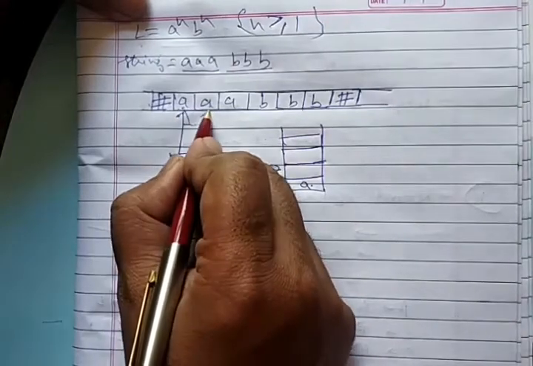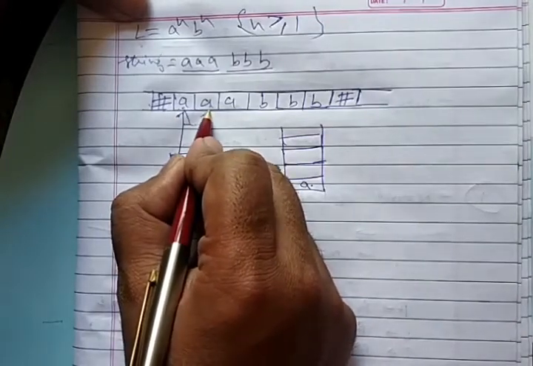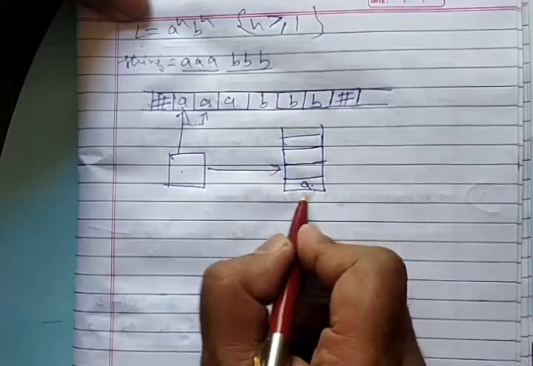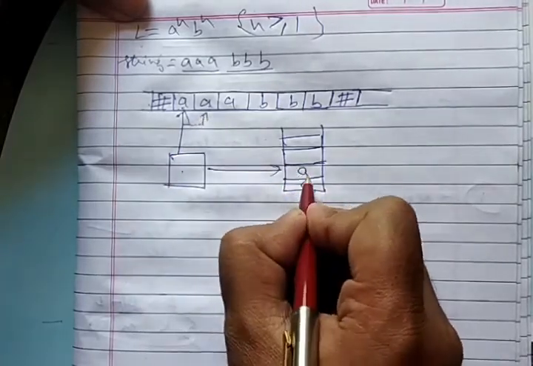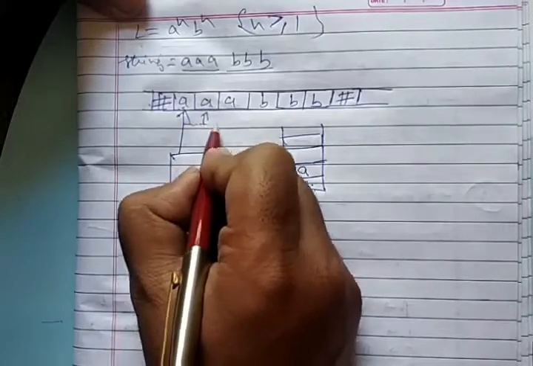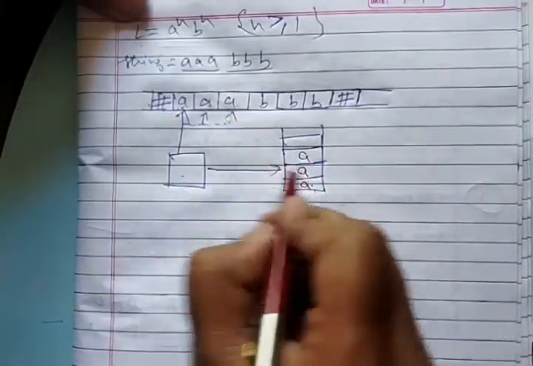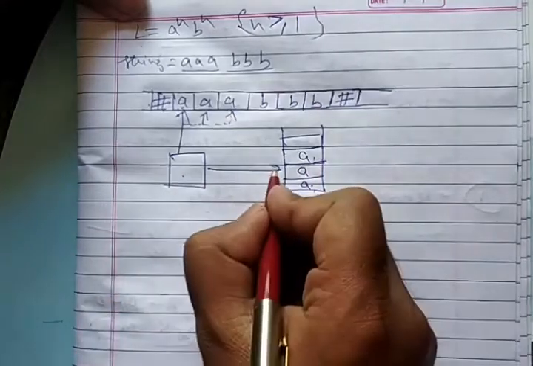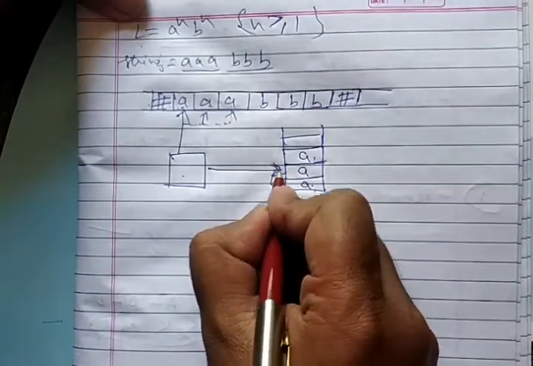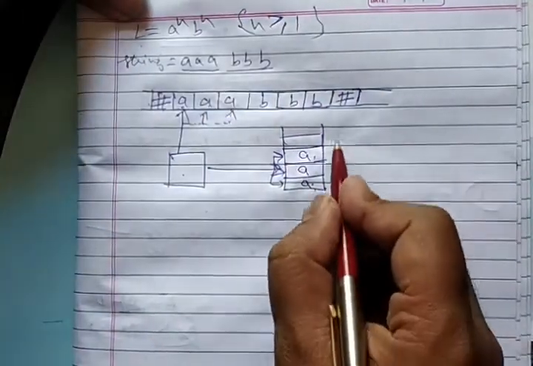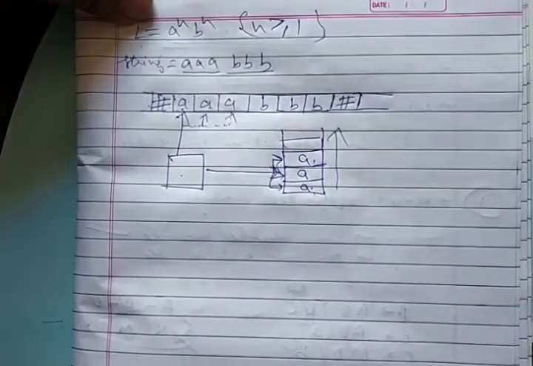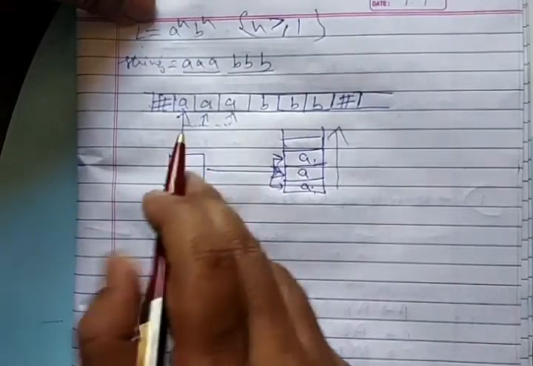Now whenever I get A, I'll repeat the same process and insert this A into my stack. Similarly, I got A, I have inserted this A into my stack, and my pointer is moving towards the upper side, towards the top of the stack.